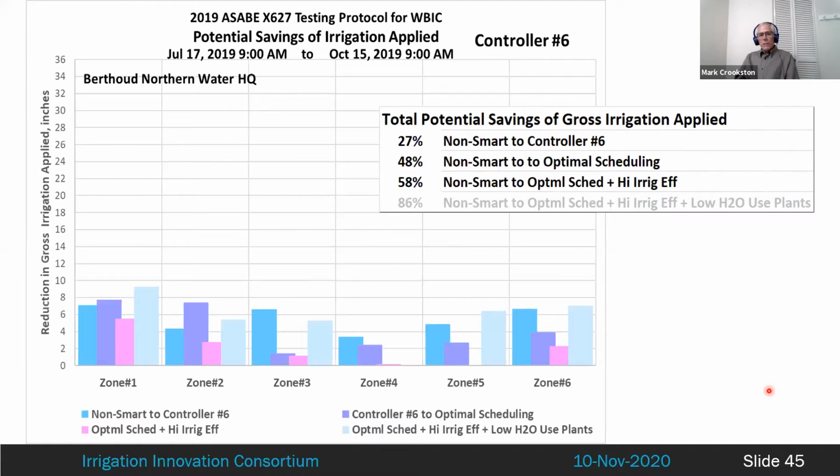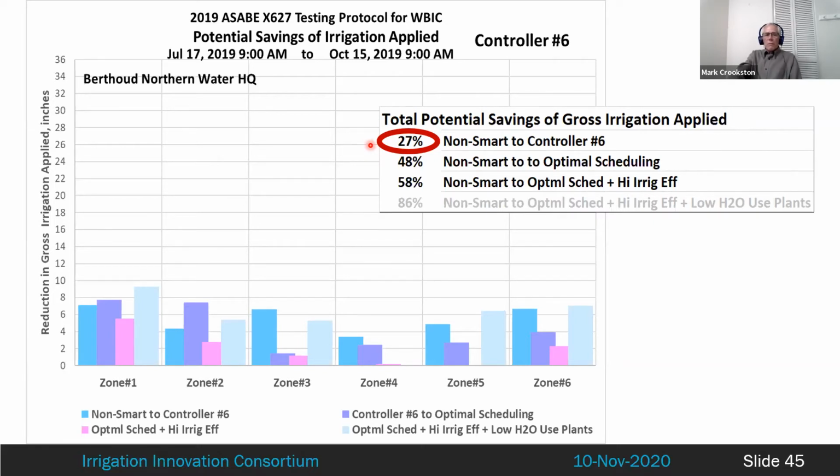So this is again using those same results. From a non-smart controller to a smart controller, we could save 27% of the water. And what's interesting is that typically you see marketing that will claim that if you buy our smart controller, you can save 50% of your water, without ever knowing how much water the individual landscape may currently be using. But this would say that over a broad spectrum of landscapes, 27% is what would have been saved under this testing by switching from non-smart to a smart controller.